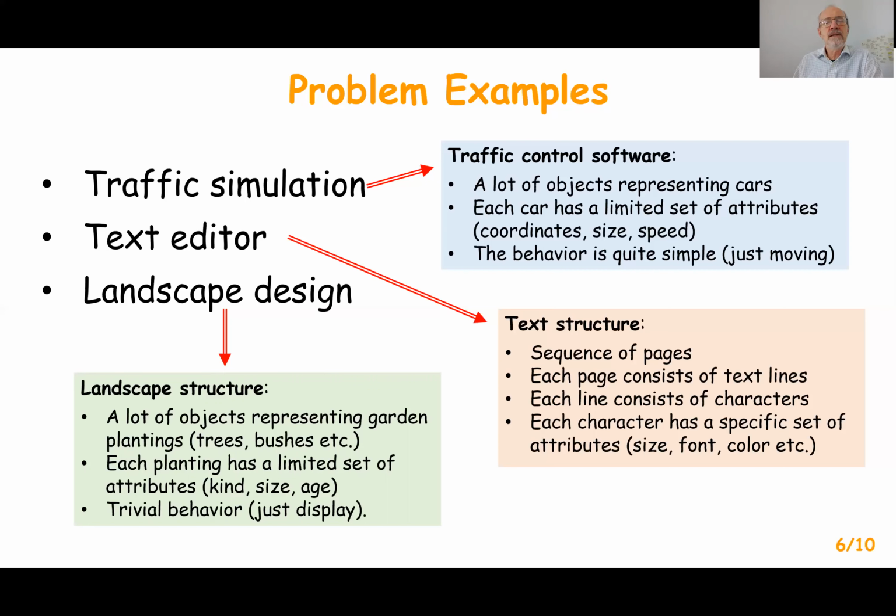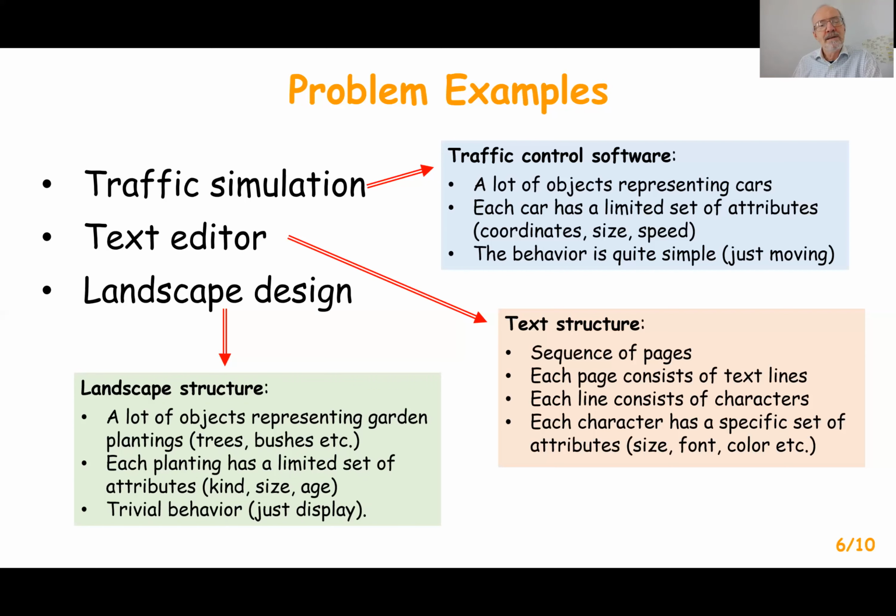In the case of landscape design software, it is a kind of planting, bush or tree, or probably something else. Its size and its age. Probably the age attribute is also necessary for modeling landscape.